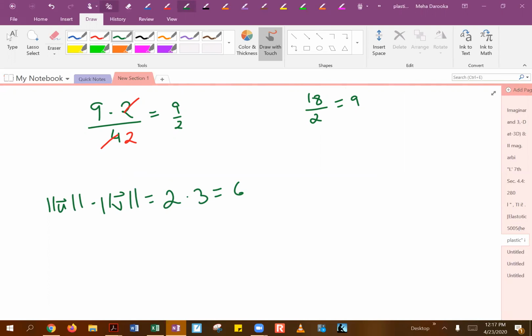So what this 6 tells us is that when we draw the vector for this product, we should be getting a length of 6 units. Now, what direction do we plot our vector in?